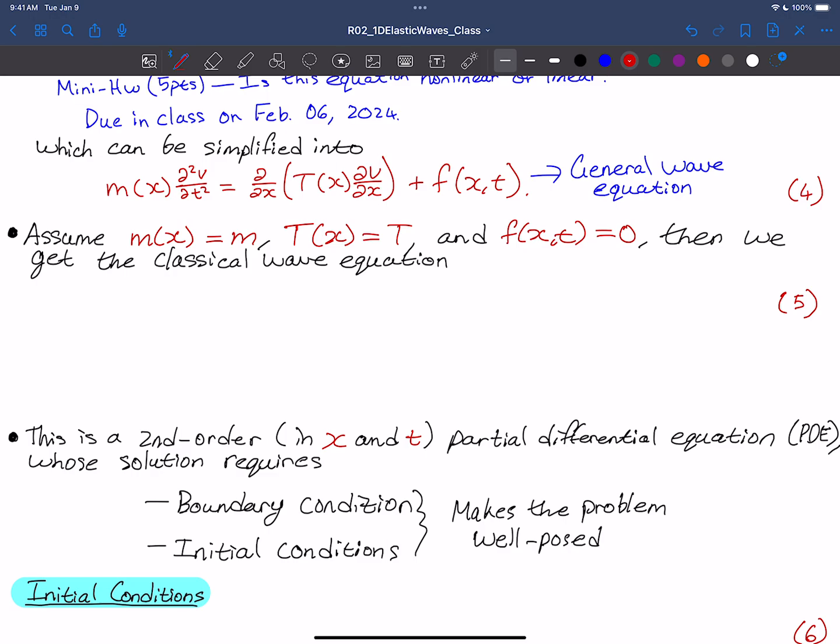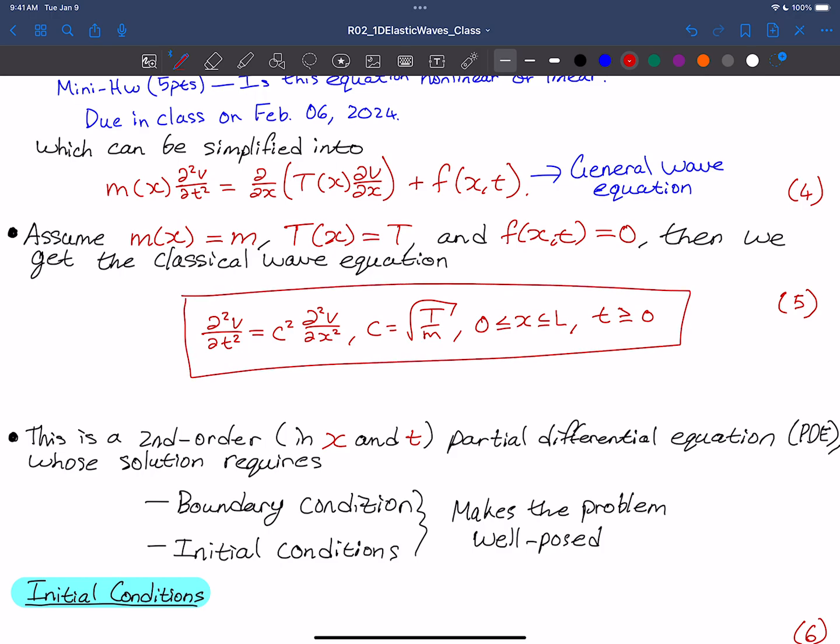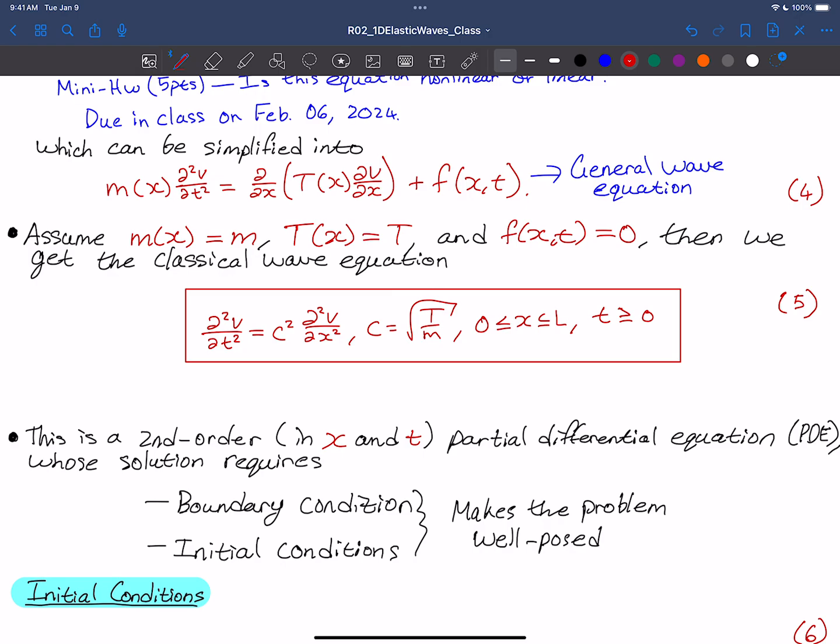We can write that partial squared v over partial t squared is equal to c squared times partial squared v over partial x squared, where c here is equal to the square root of t over m, valid for 0 less than or equal to x less than or equal to L, for t greater than or equal to 0. And again, that's our classical wave equation.